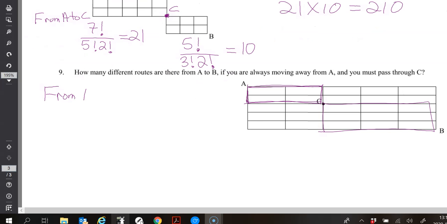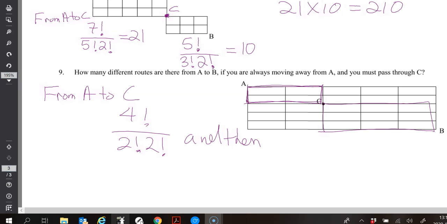So we have to go from A to C, which is 1, 2, 3, 4. And 2 of them are, whatever way that is, east, and 2 of them are south. And then, so I always stick then with and, right? I mean, or stands on its own, but with and then we're going to go from C to B, which is 1, 2, 3, 4, 5, 6 over 3 factorial, 3 factorial.